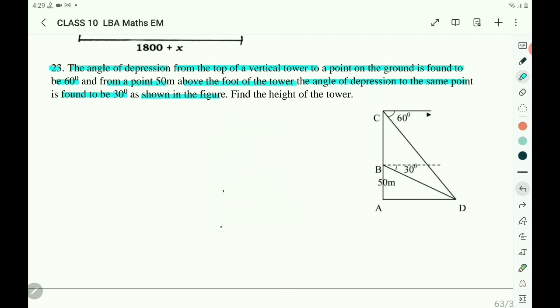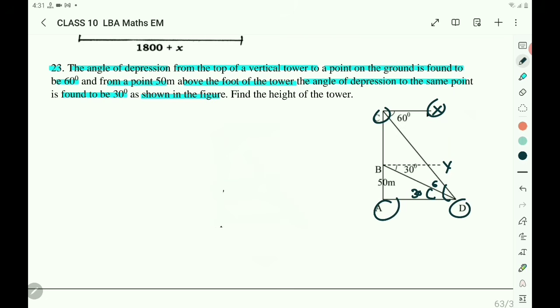Therefore, you can write angle BDA is 30 degree and angle CDA is 60 degree. From here to here is 60 degree. Consider this a point X, this a point Y. Then you write angle XCD is equal to which angle?